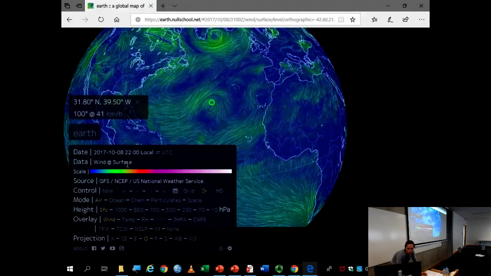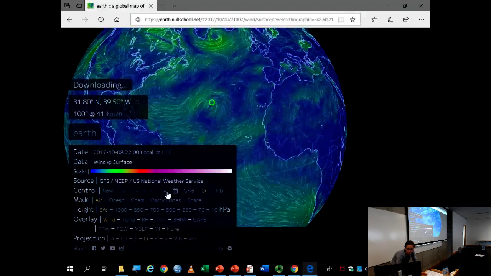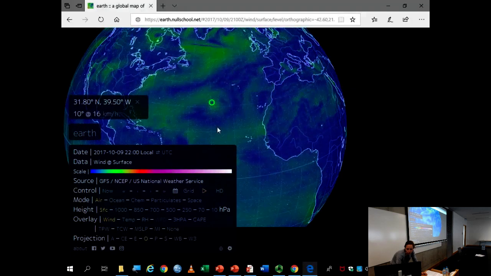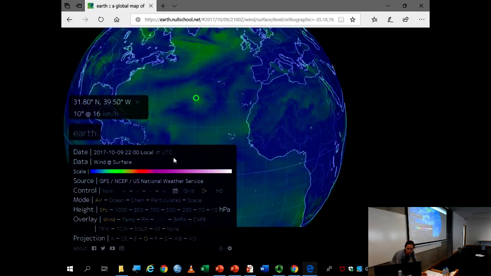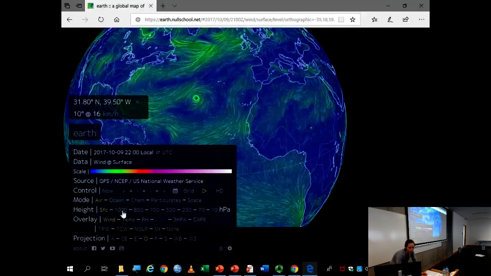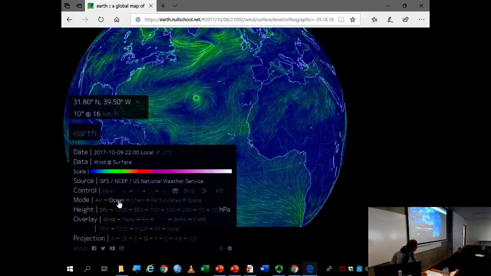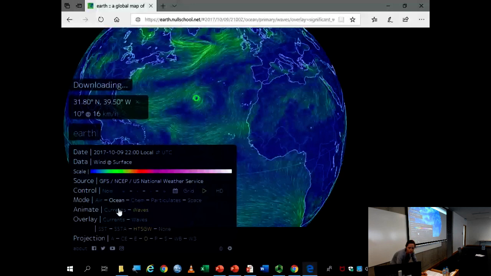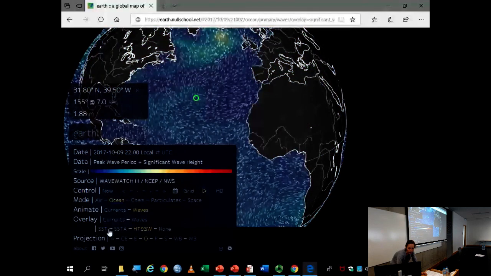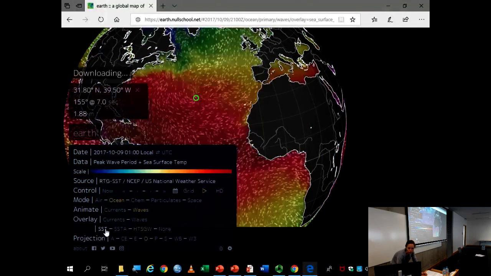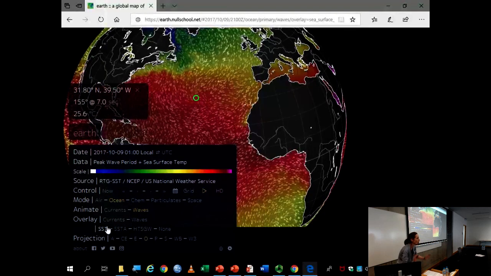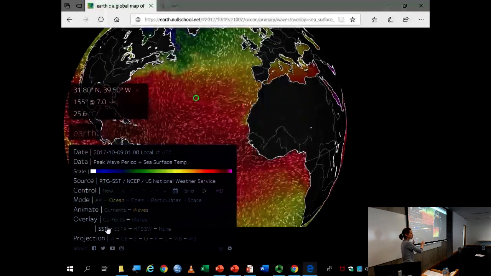And the beautiful thing about this, I'll keep going a bit further, is you can also look at, for example, what the temperature was in the ocean. If I click on ocean, and look at the sea surface temperature, you've got all that data there for you to play with.